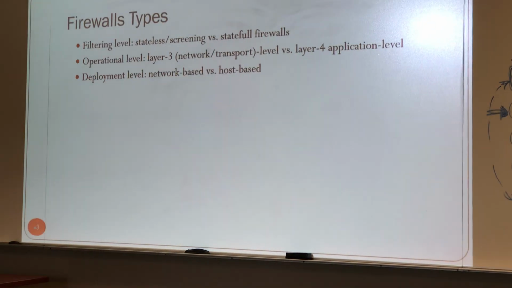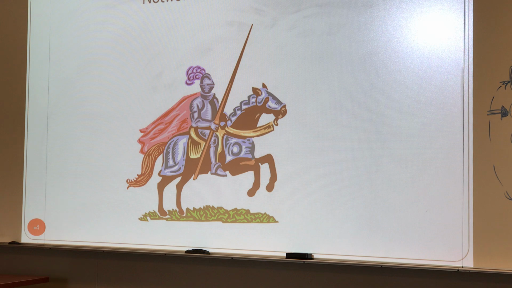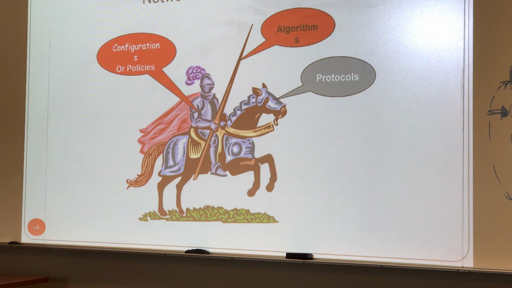Let's just look at this picture first. When you want to look at a cybersecurity system from a high-level view, you will see algorithms like SHA, DES, triple DES, or AES. These are encryption algorithms.